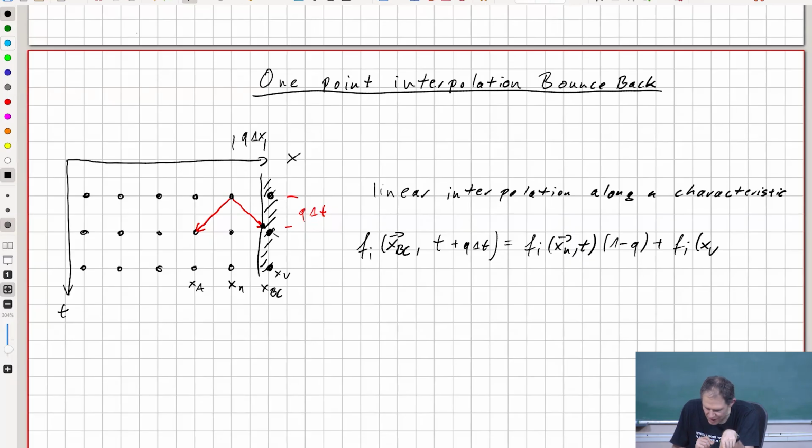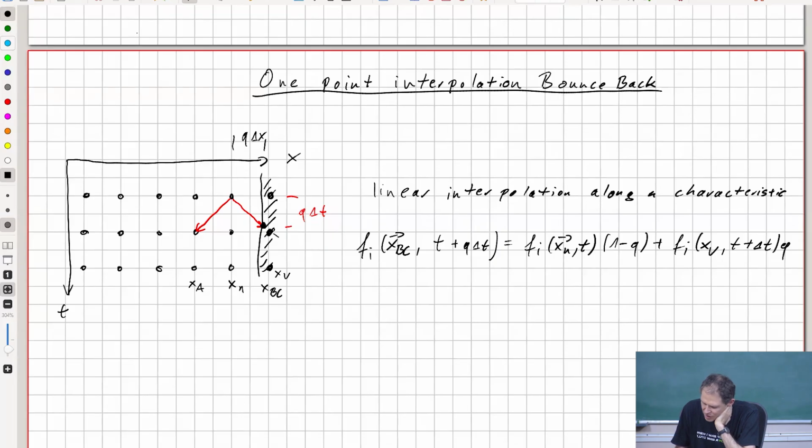This is the virtual distribution at t plus delta t times q. This is the linear interpolation along this characteristic to get to this point in space and time.